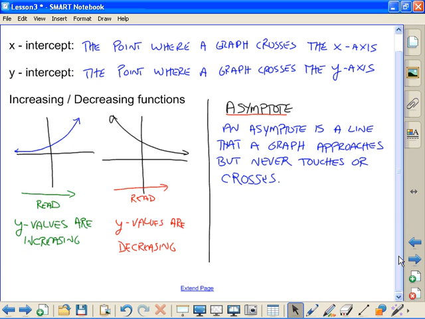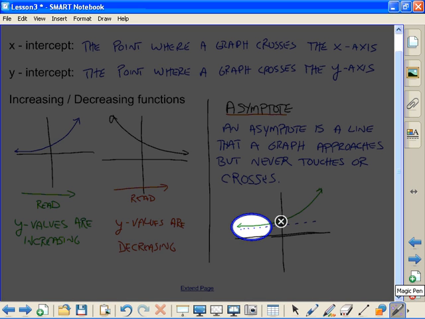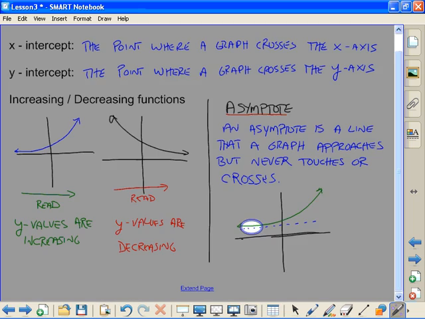All right, and an example, usually we show an asymptote with a dashed line on a graph. So I put my dashed line there. We can see down here where the graph is getting close to my dashed line but never crosses. Okay.